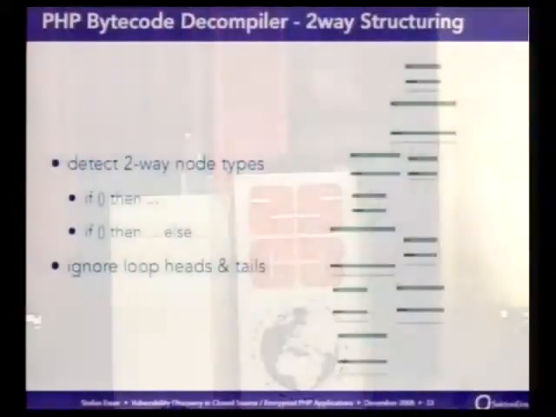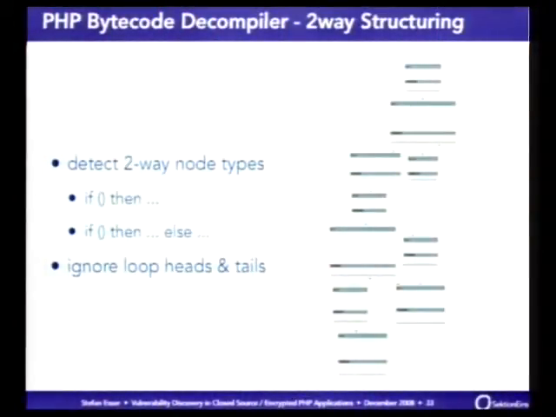You do that by checking if the follow node of one branch is actually the other node that was branched in the other way. If this is the case, then it's an if-then. Otherwise, it's an if-then-else. And when you do that, you ignore all the loop heads and tails, because they already belong to a different control structure, and you don't need them anymore.